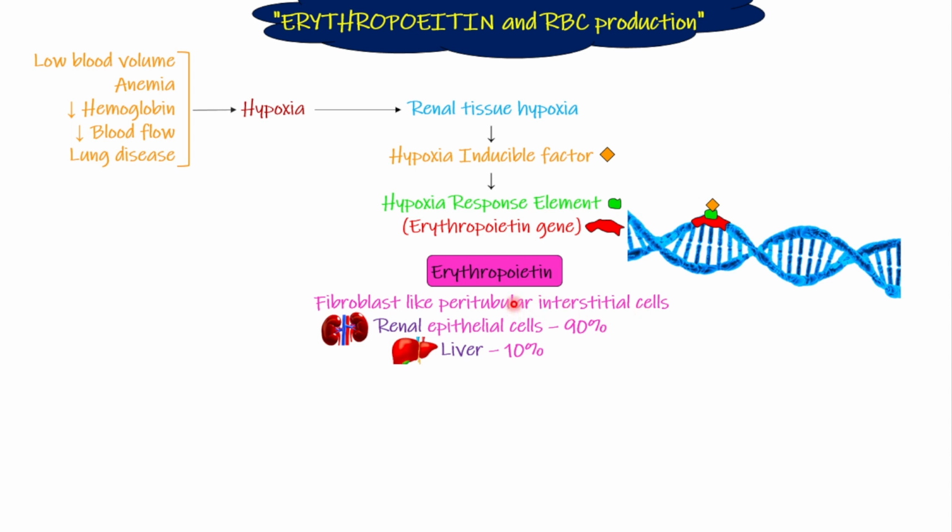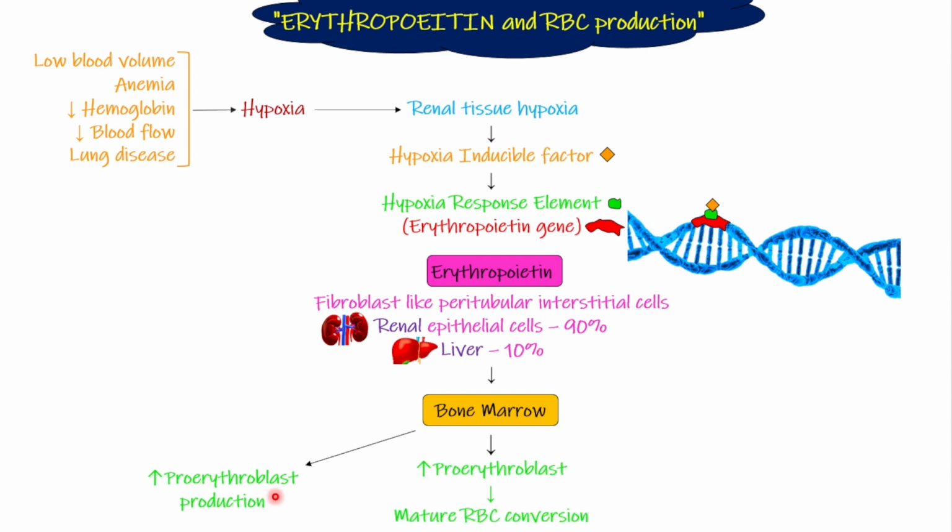Now, what is this erythropoietin going to do? This erythropoietin will act on the bone marrow, and by acting on the bone marrow, this will lead to an increased production of the proerythroblasts, the first stage of erythropoiesis, and the increased conversion of these erythroblasts into mature red blood cells, and finally the increased release of the erythrocytes.